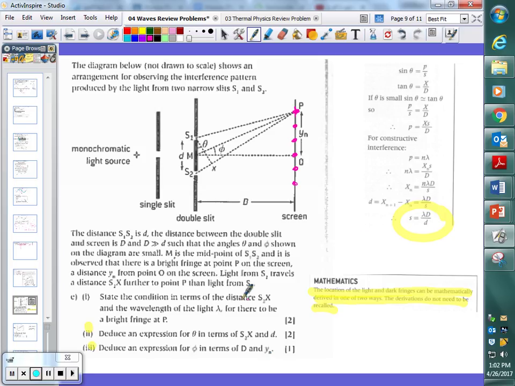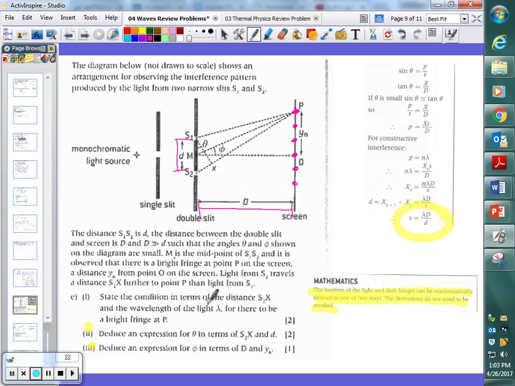Lambda is the wavelength of the light. If it's monochromatic, it's the same wavelength for both. Capital D is how far away the screen or the surface is from where the waves are being originated, or at least from the slits. And then little d is the distance between the slits.